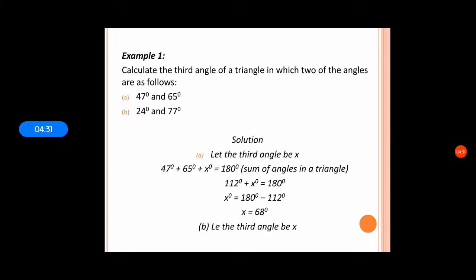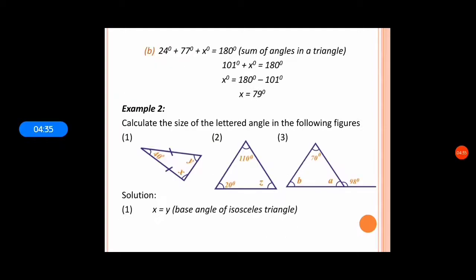So let x be the third angle. Then we're going to have 24 degrees plus 77 degrees plus x degrees equals 180 degrees, sum of angles in a triangle. So 24 plus 77, that is 101 degrees, plus x degrees equals 180 degrees. So x degrees equals 180 degrees minus 101 degrees.